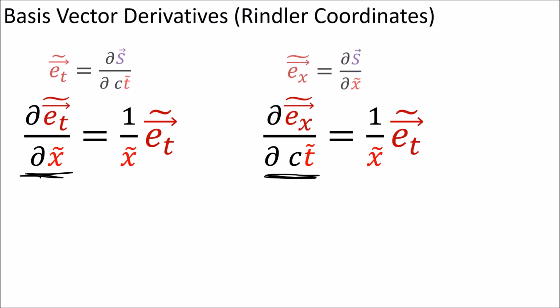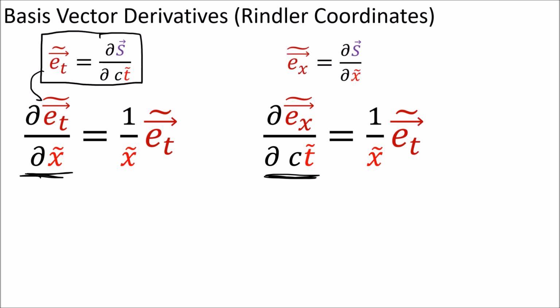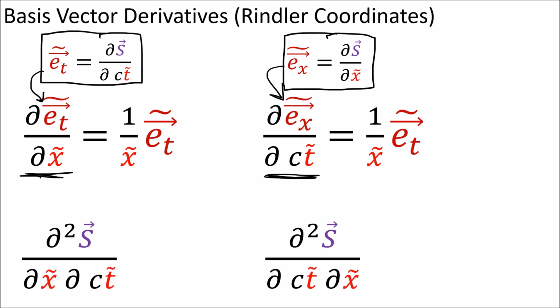Remember that basis vectors are really just tangent vectors along coordinate curves. So both of these derivatives are equal to the second partial derivative of s with respect to ct tilde and x tilde. And since the order of partial derivatives doesn't matter, both of these terms are the exact same.